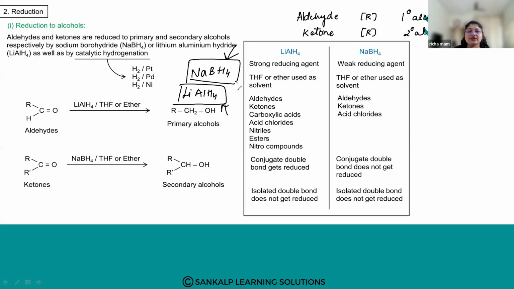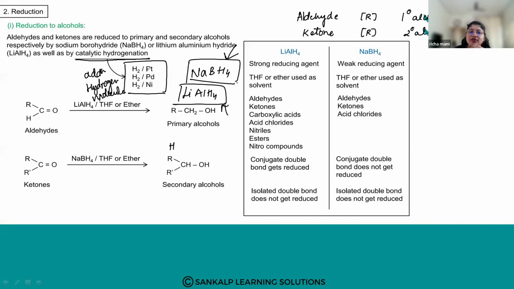Or you can use catalytic hydrogenation also. Catalytic hydrogenation means what? In the presence of H2 platinum, H2 palladium, or H2 nickel. Hydrogenation means we are adding a hydrogen molecule. How are we adding this hydrogen molecule?